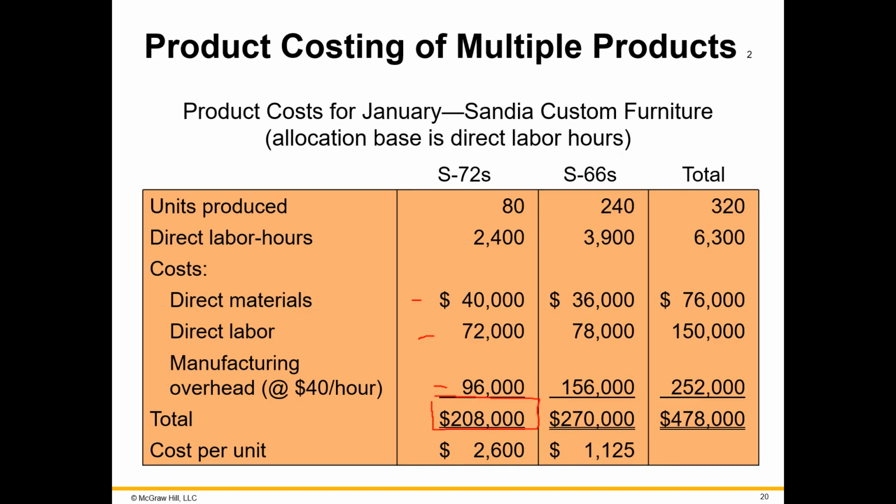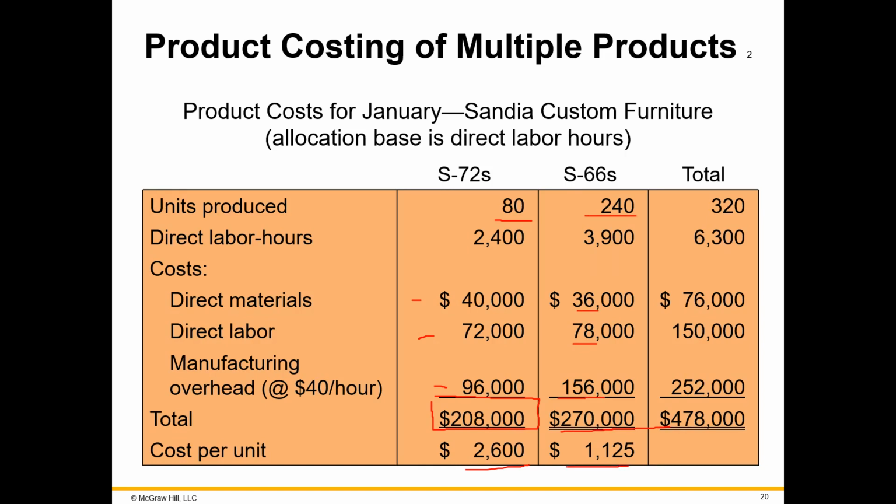And the same process for the 66-inch line. We add our direct materials of 36, our direct labor of 78, and our manufacturing overhead of 156 to get 270 total. Divide that by the number of units, and we get $1,125 per unit. So how does a company choose what allocation base to use?